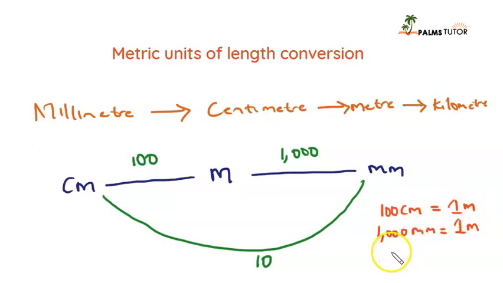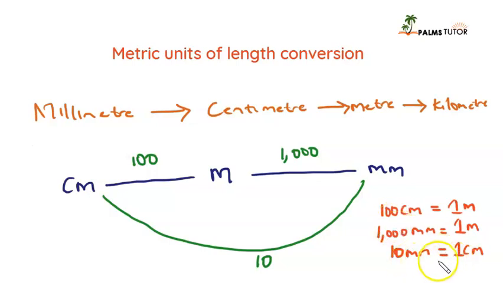And then we can say that 10 millimeters equals 1 centimeter. It will help you to convert very well when you understand which one is smaller and which one is bigger, and the relationship between the two of them.